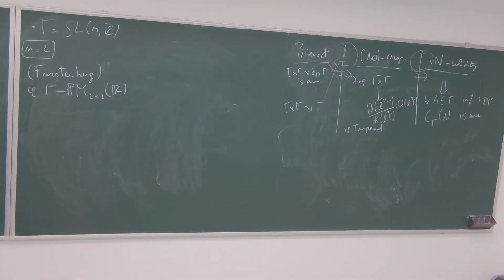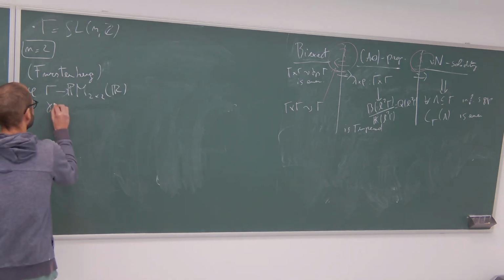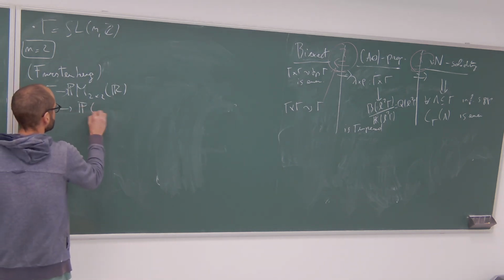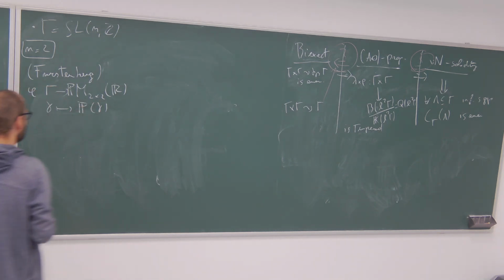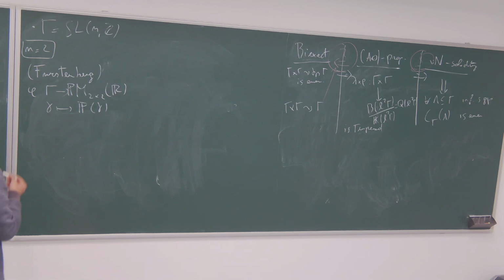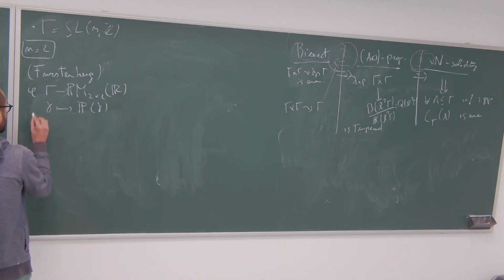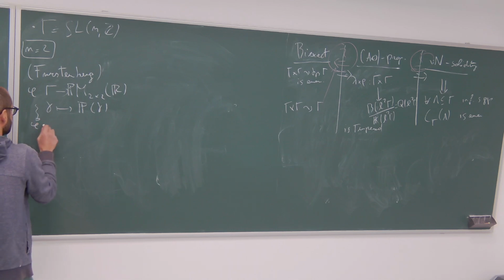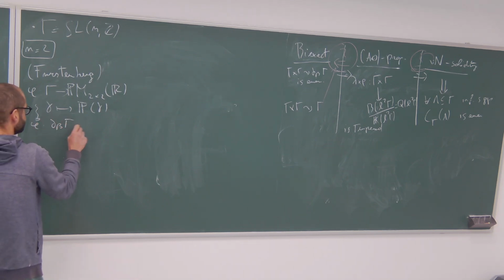You take 2 by 2 matrices, you remove 0, and you quotient by the action of the multiplicative reals, just by multiplication. And this map sends an element gamma to the projective matrix of gamma. And now you see, we want to see what happens when we extend this map to the Stone-Čech boundary.